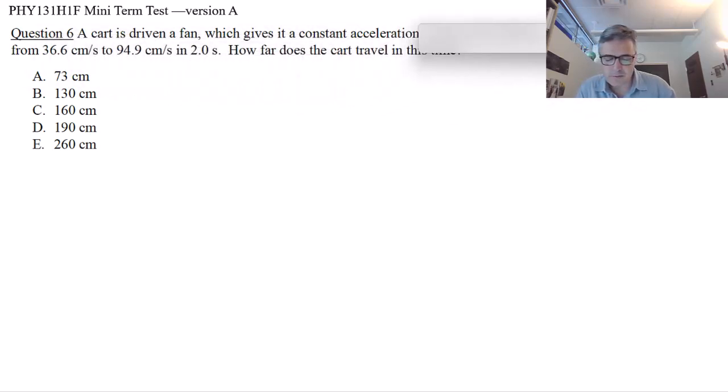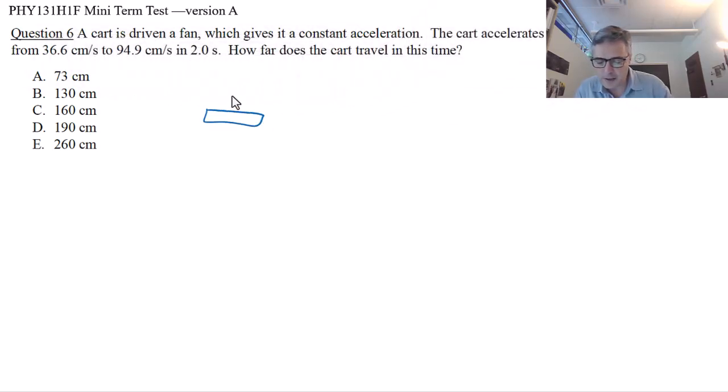Question 6. A cart is driven by a fan. So here's the cart. Here's the little fan on the top, which gives it a constant acceleration. So a, again, equals constant. That's good to know. The cart accelerates from v0 equals 36.6 centimeters per second. That's not an SI unit, but that's okay, I hope.